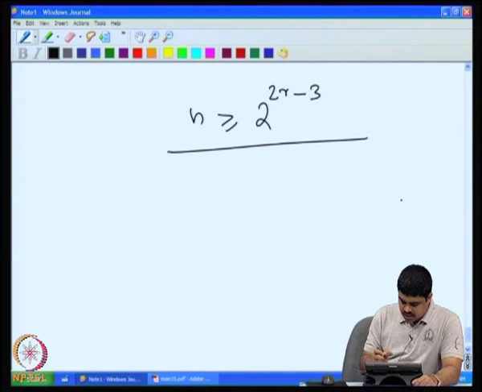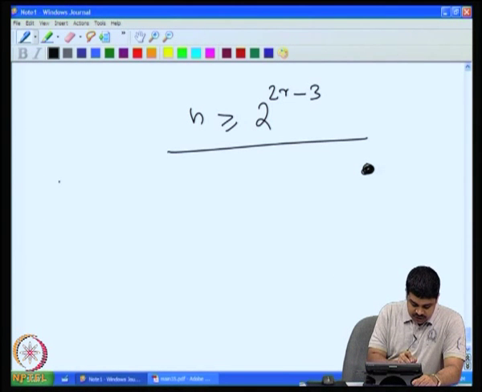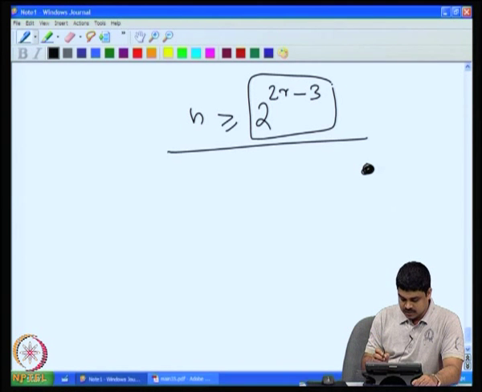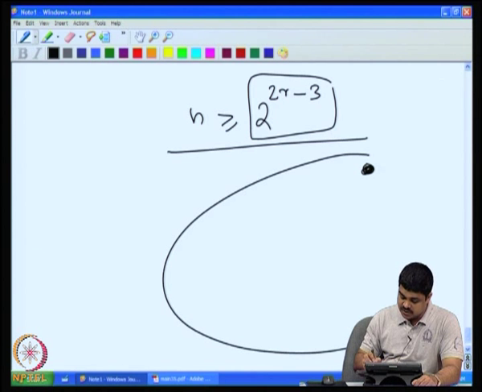We can consider a vertex. From the given graph G, pick up 2 raised to 2r minus 3 vertices, and we can discard the rest. This is the set of 2 raised to 2r minus 3 vertices.